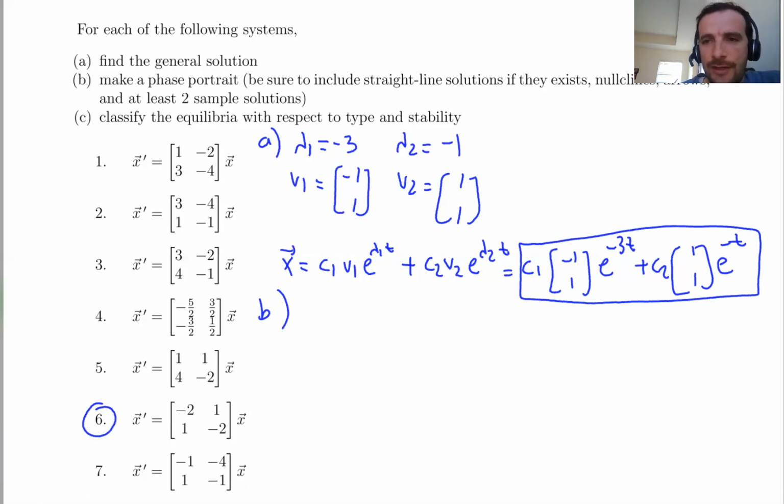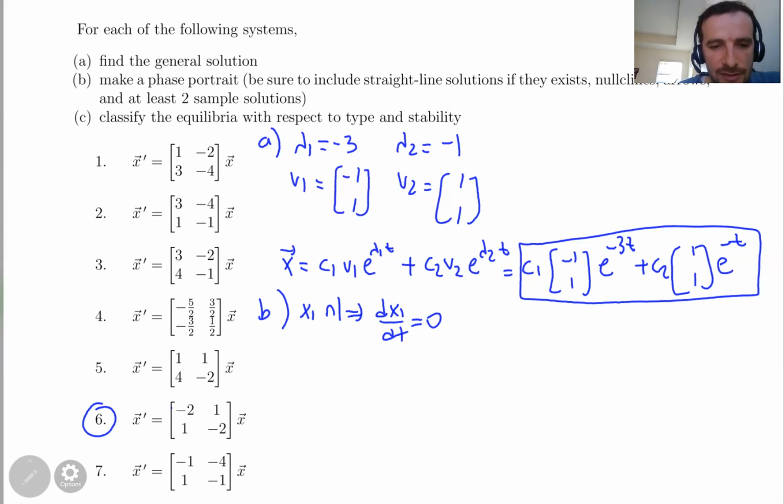First of all, let's find the null lines. For the x1 null line, we should set dx1/dt equal to 0. How do we find dx1/dt? It is the first row in our matrix.